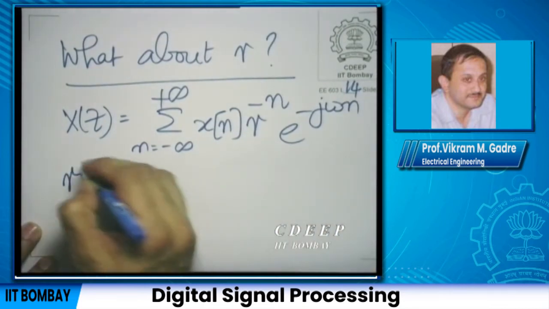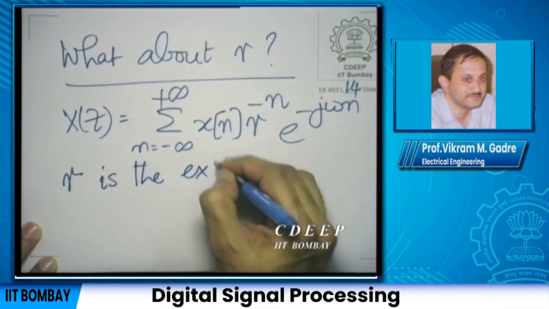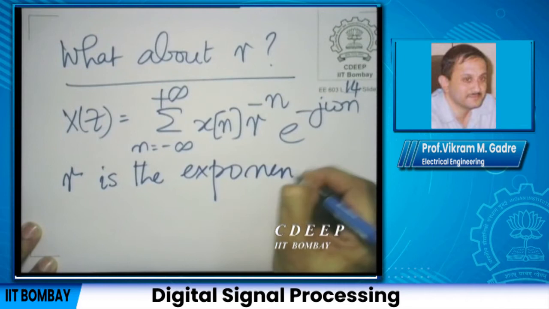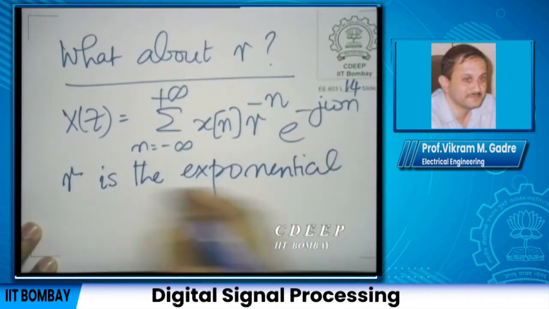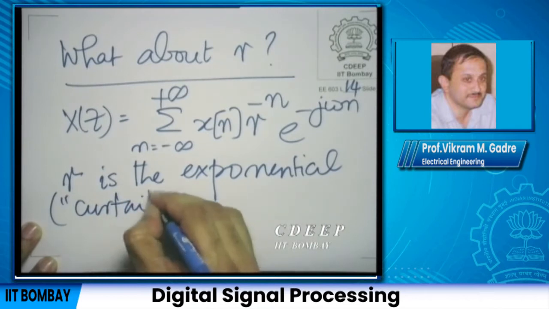So, r is the exponential parameter, or the curtailing parameter, if you may call it that.